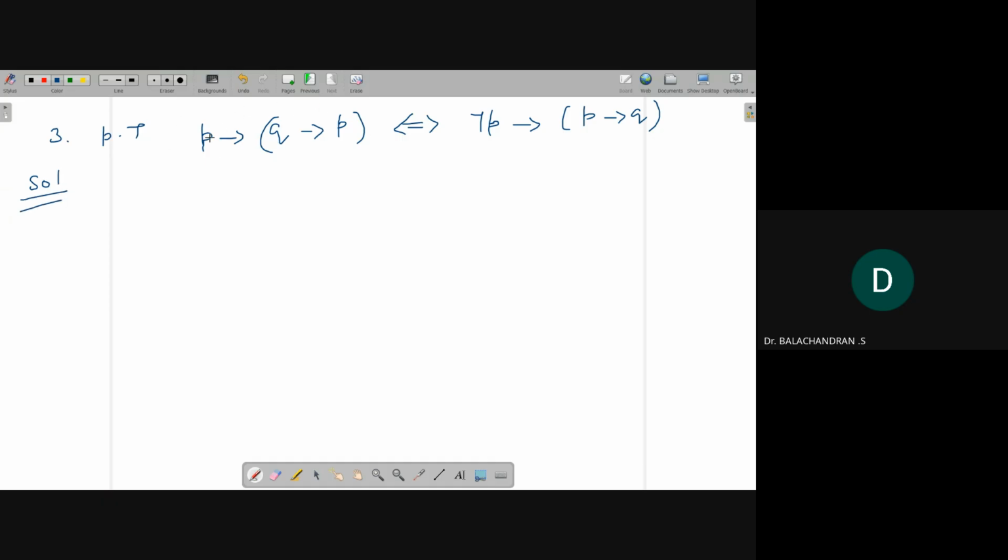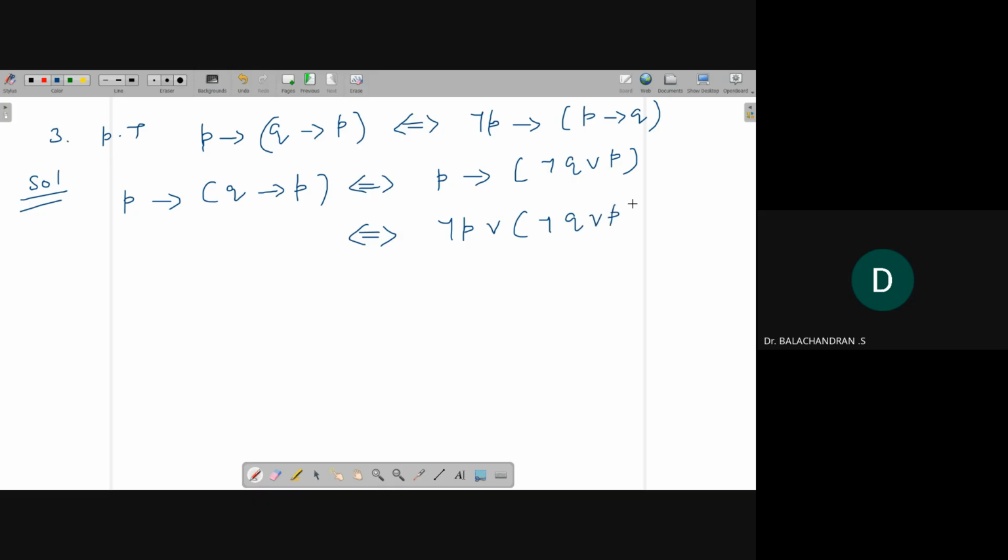So I'm going to take the left hand side: P implies (Q implies P), which is equivalent to, keeping P implies, Q implies P is what? Negation Q or P. So again P implies Q, apply the same rule: negation P or (negation Q or P).